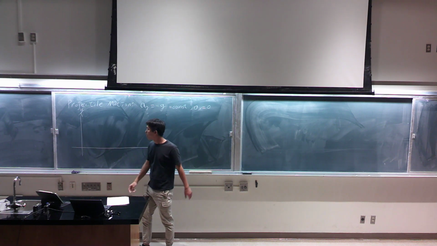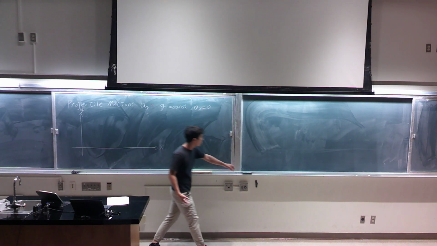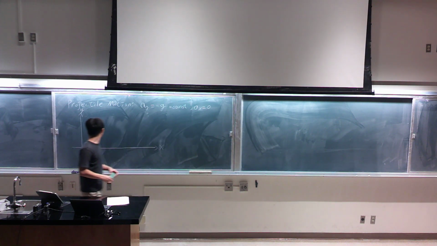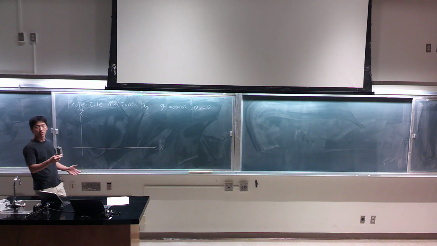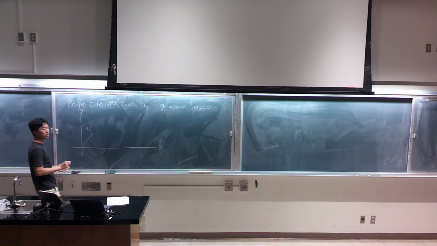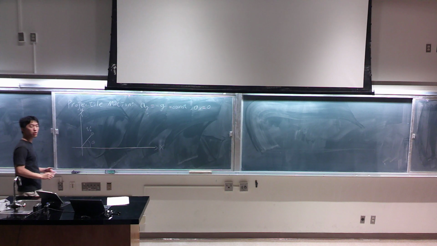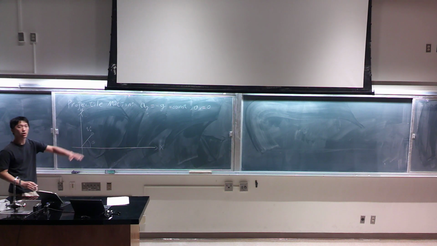So let's say you are putting your frame at where you're going to throw your stuff. The stuff is here, and then you throw it with some initial speed called v naught, and the direction you throw it makes an angle theta with the horizontal line.